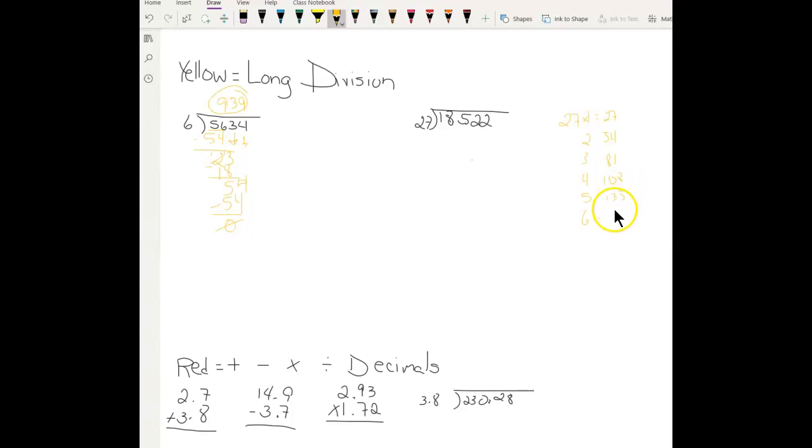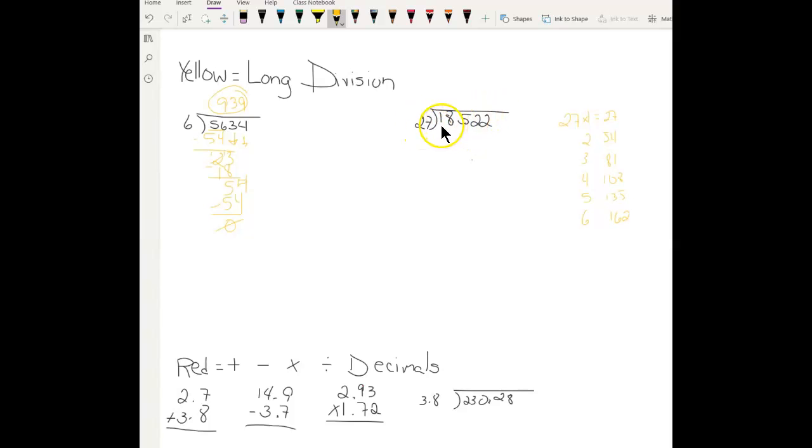And then we'll go ahead and do 6 since I wrote it down. 6 is 162. Okay, let's see if that works. Hopefully we won't need more.